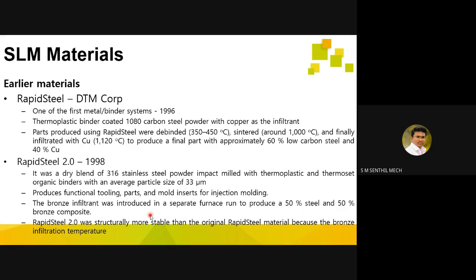So the final part will have a 50-50 composition, 50% steel and 50% bronze. The materials made using Rapid Steel 2.0 were structurally more stable than the Rapid Steel materials. These were the earlier stages, but now the latest one is here.